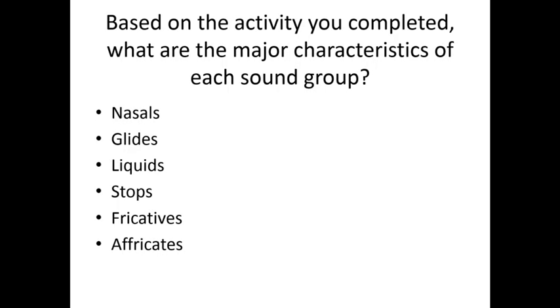Okay, so when you were online the other day, you spent a little time categorizing sounds and thinking about what the major characteristics of those are. You've already alluded to a few of them. So let's just talk through really quickly. What are the characteristics of each one? Nasals, we already sort of talked about. What is the characteristic of a nasal sound?